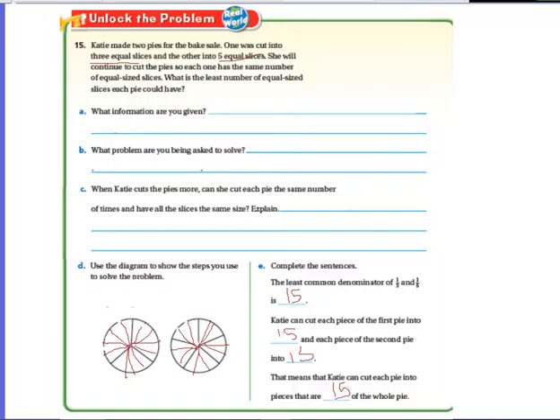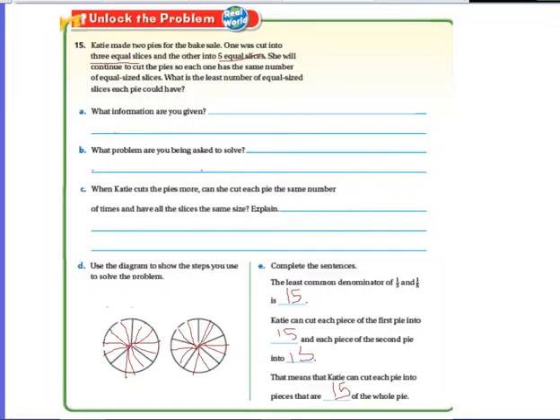You need to finish the next page then. Do the bottom, apply, think smarter together.